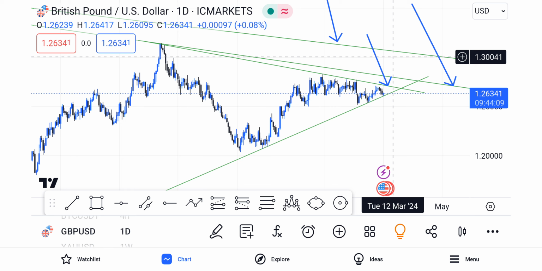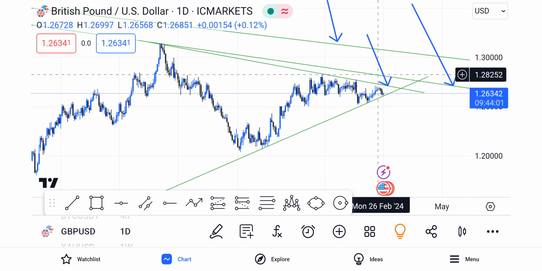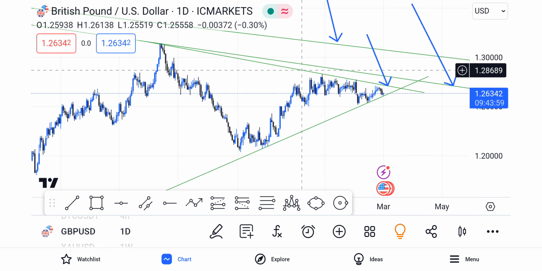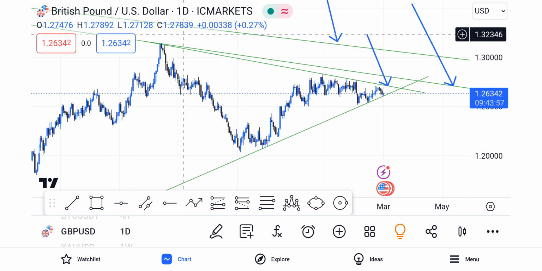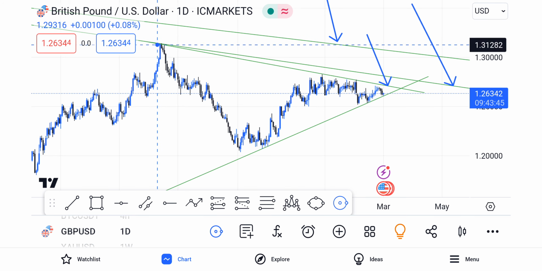So guys, if you would have had all these areas drawn in from the higher time frames and you did not include these inner trend lines, you would have missed out on this move, because this is the first touch. Remember, we said that for our trend line to be valid, it has to have at least 2 touches. So here we have our first touch, clean and nice.